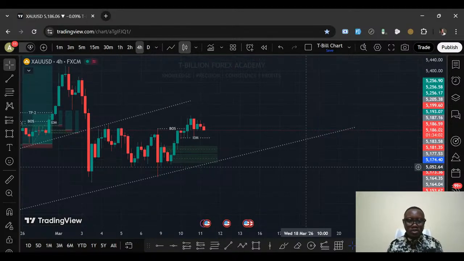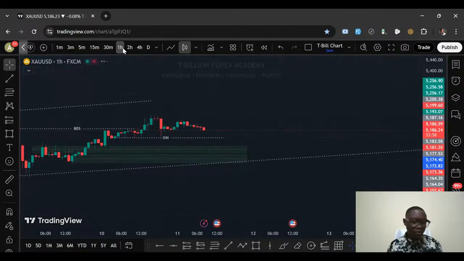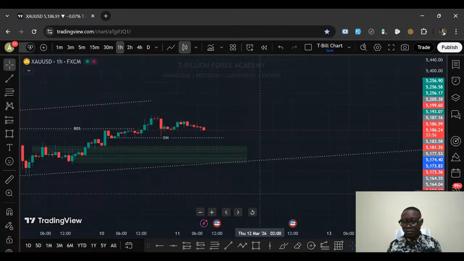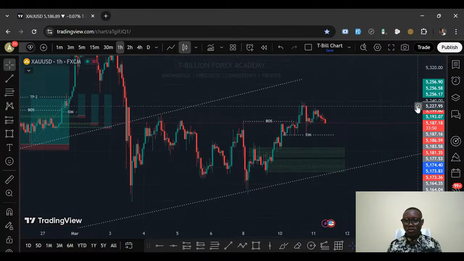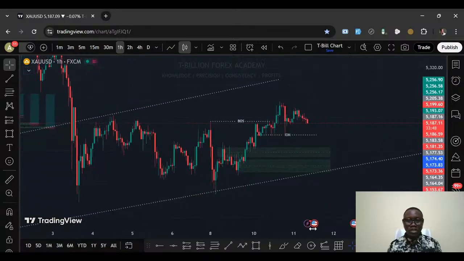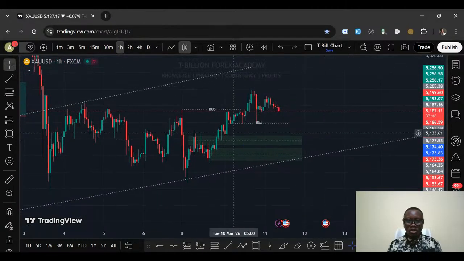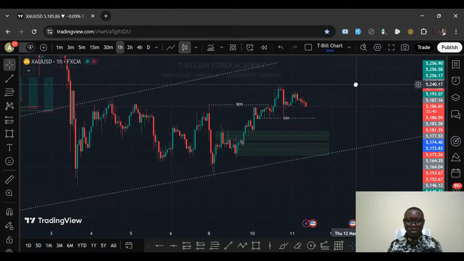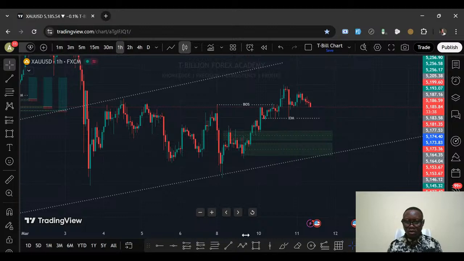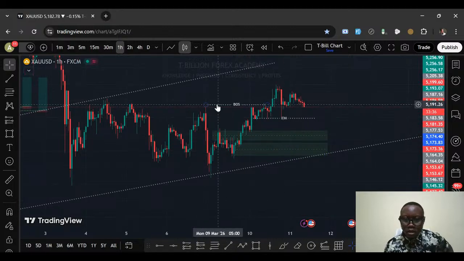Okay, so let's drill down from the 4H time frame to the 1H time frame to further refine the zone. Let's look at the structure on the 1H time frame.